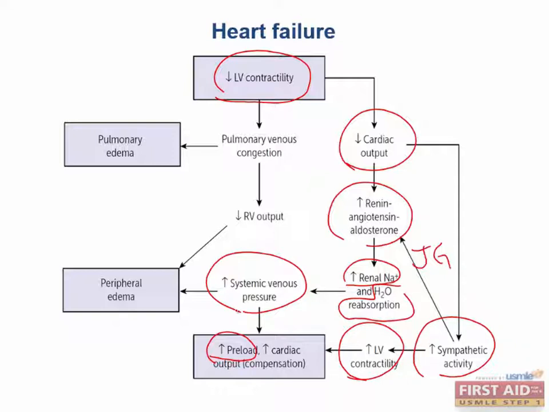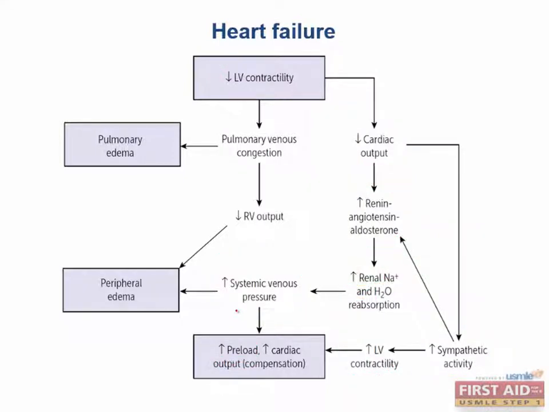So what we do is we target our drug therapy towards these compensatory mechanisms. We use ACE inhibitors and aldosterone antagonists to target the renin-angiotensin-aldosterone system. Spironolactone is the prototypical aldosterone antagonist. Beta blockers are used to oppose the chronic sympathetic activation on the heart and the JG cells of the kidney.